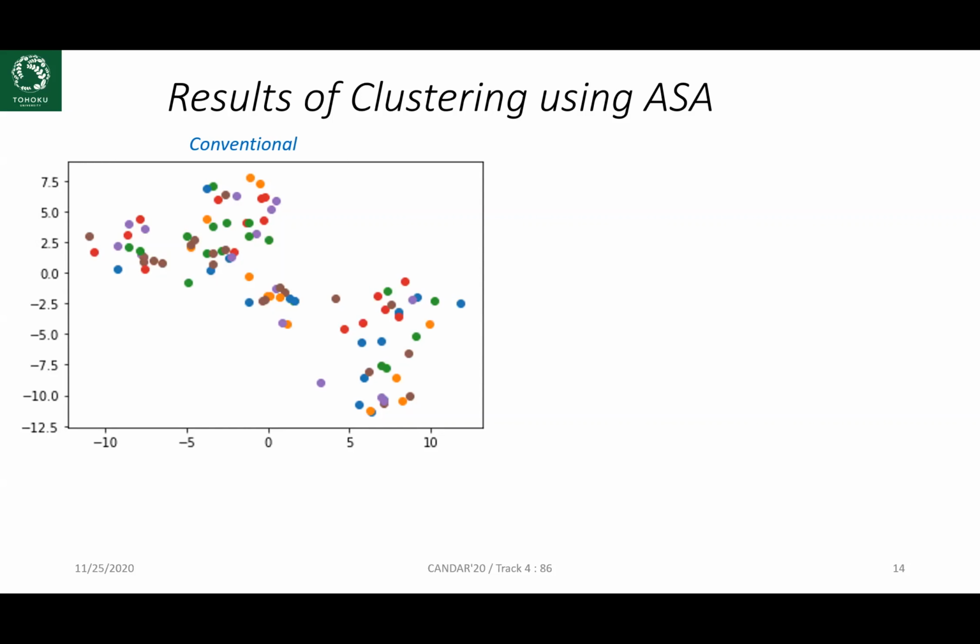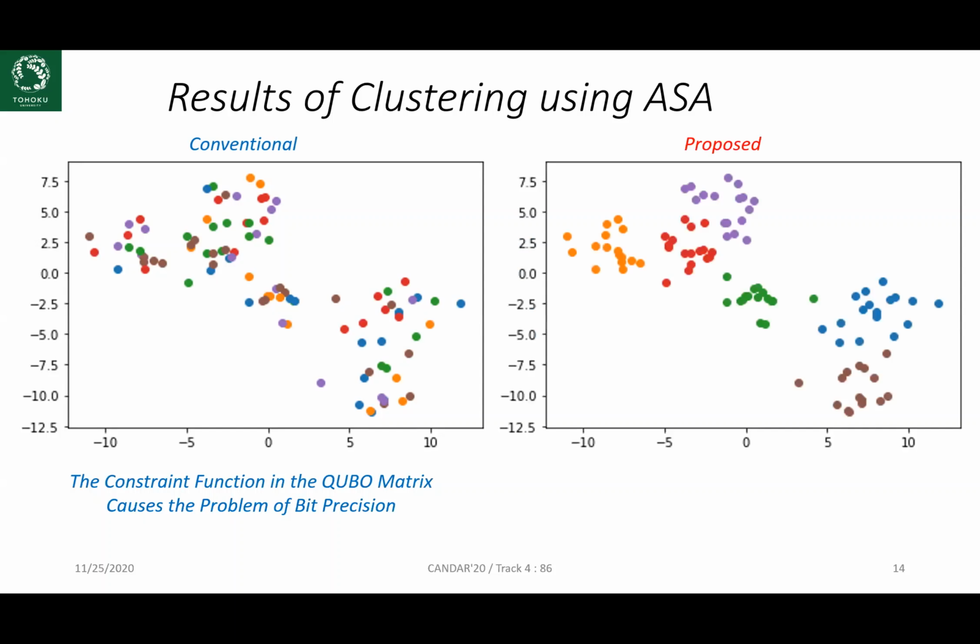The conventional method fails. This is because the constraint function in the QUBO matrix causes a problem of bit precision. While the proposed method succeeds in clustering the data points because of avoiding the problem of bit precision by the external constraint.